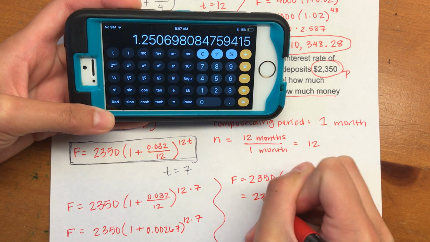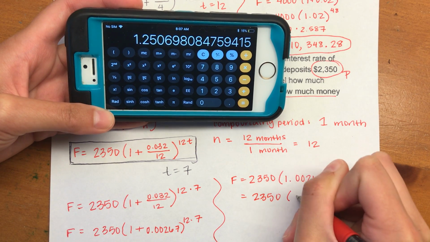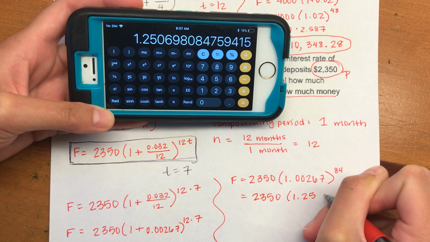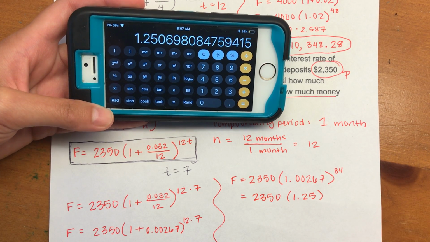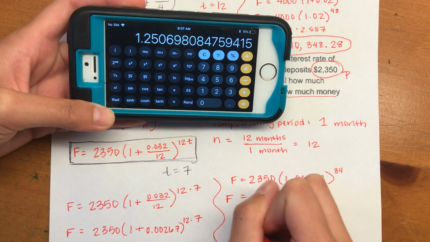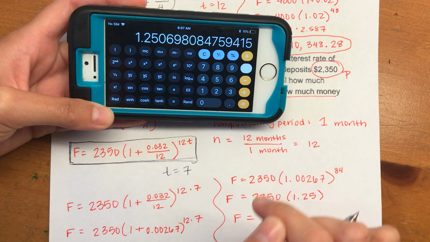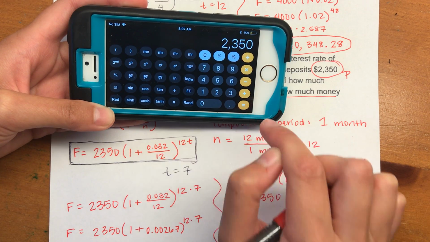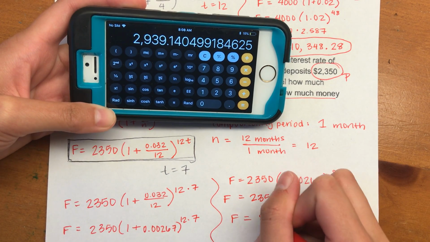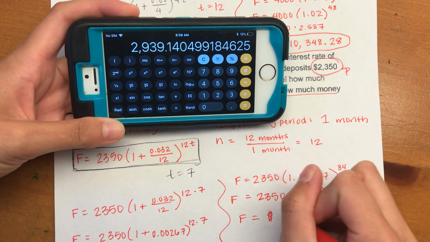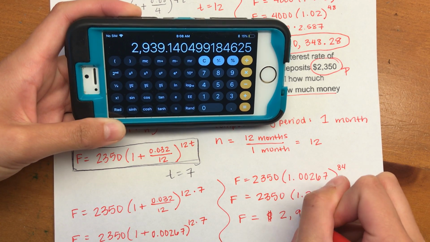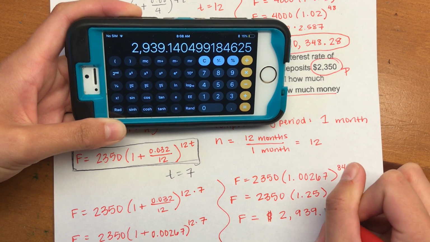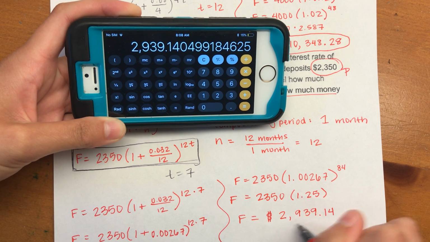Equals, so I'm going to have 2,350 times 1.25 approximately. Now I'm going to multiply that number here by 2,350. And my final value will be $2,939.14.